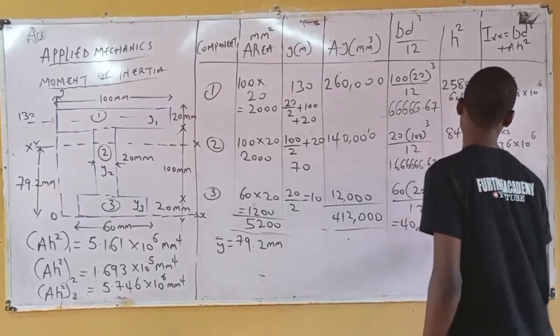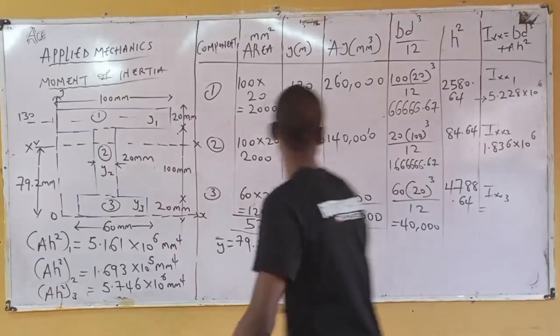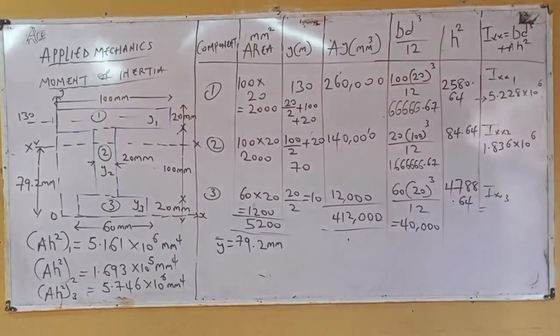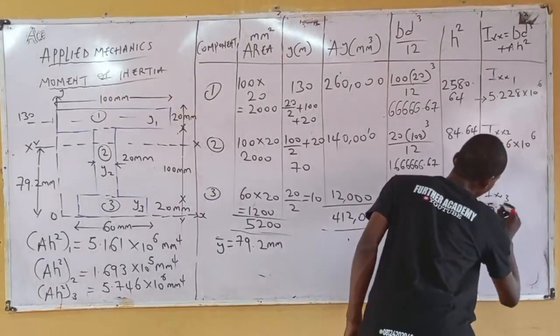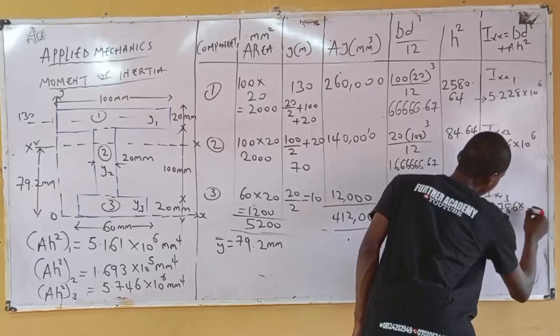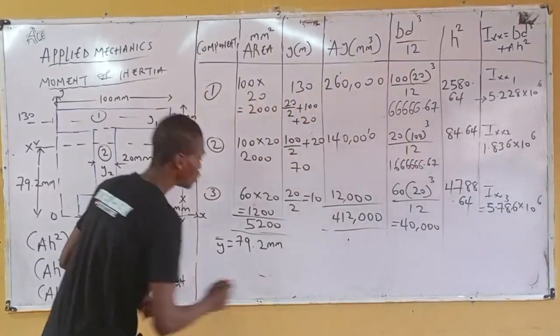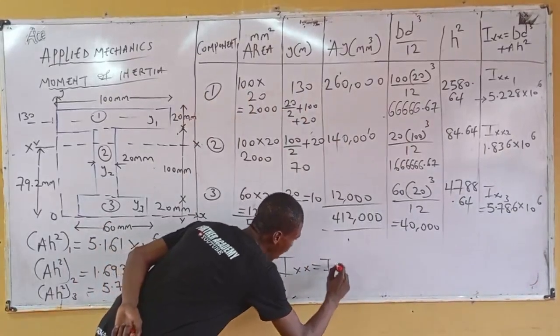For the last one, what's the answer? Meaning this guy plus this, and that's what? 5.786 times 10 raised to power 6. Because initially we said to get our moment of inertia, IXX is equals to what?